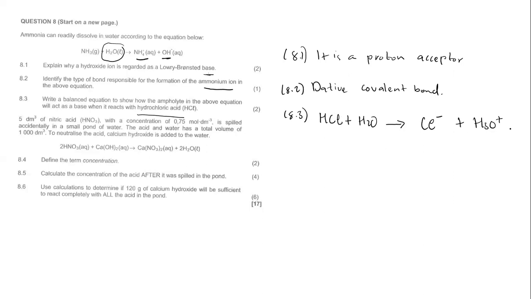At the same time, this chemical reaction is most definitely balanced. The question was, write a balanced equation to show how the ampholyte in the above equation will act as a base. We can see that the ampholyte has acted as a base when it reacts with hydrochloric acid because it accepts the proton. This is 8.3.